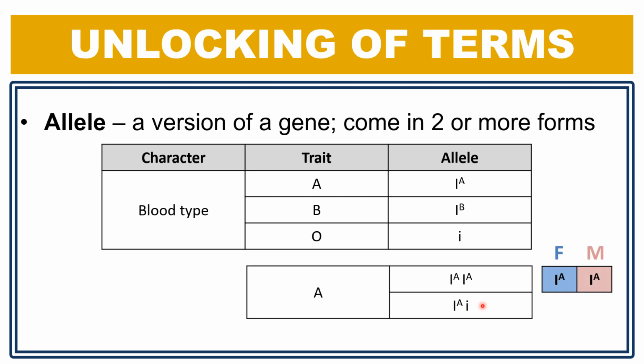For example, for this set, it could be that we inherited both alleles of blood type A from the father and from the mother. But for this set of alleles, it could be that we inherited either blood type A allele from the father and O from the mother or vice versa.